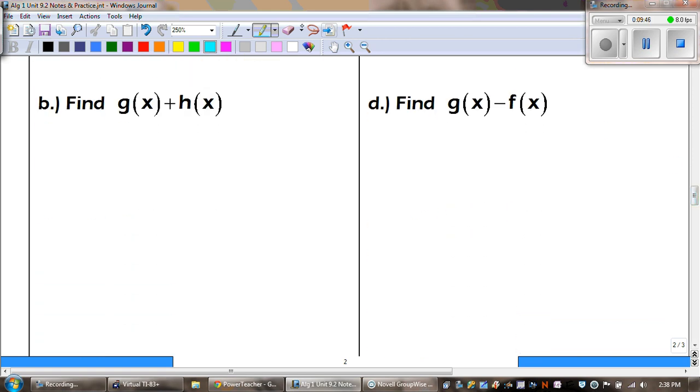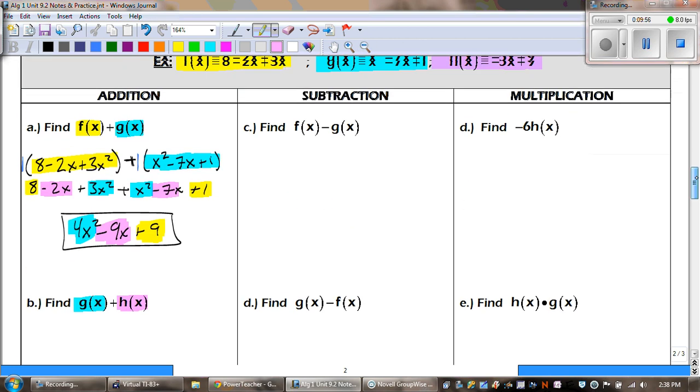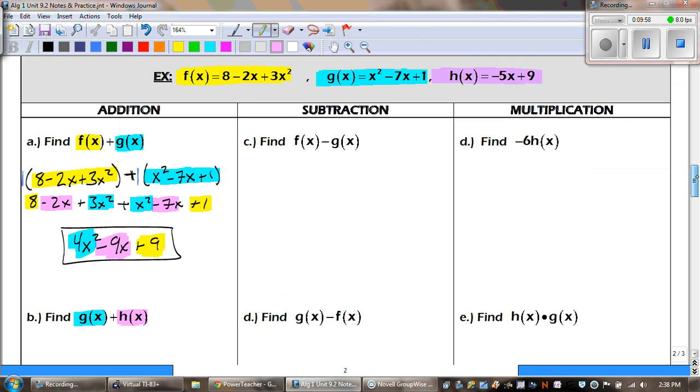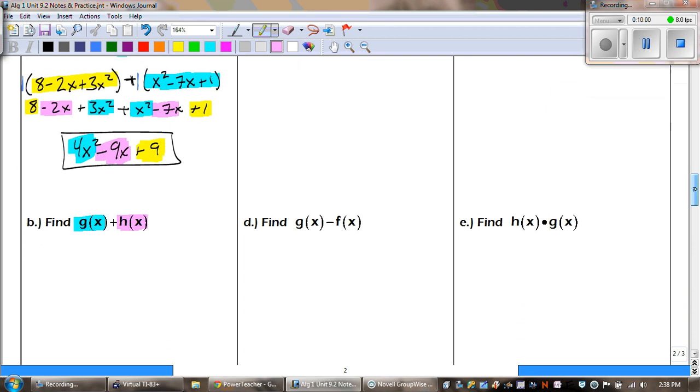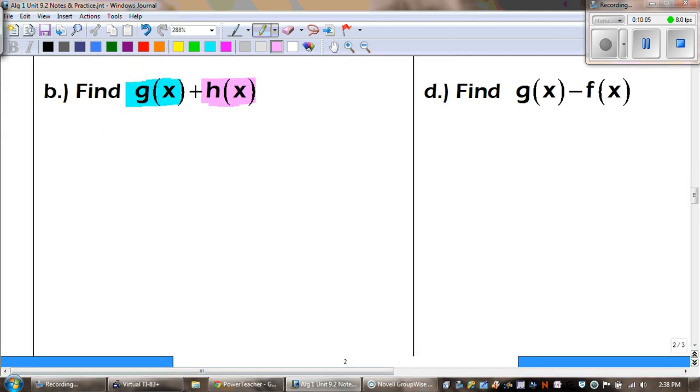Now, our next one, we have the g of x, which is in the blue, and the h of x, which is in the pink. If you're coming back up to the top, those are those two equations. I'm going to zoom back down here so you can just see the work.